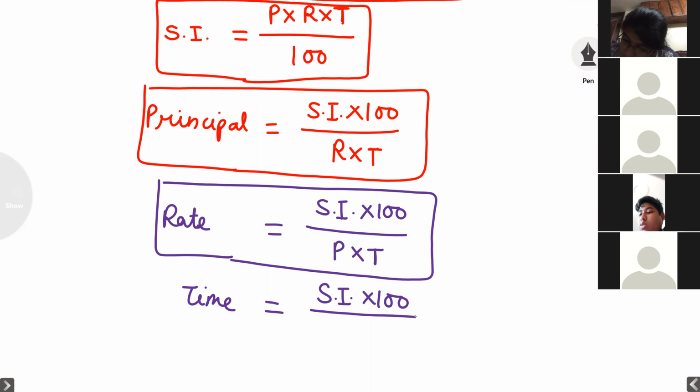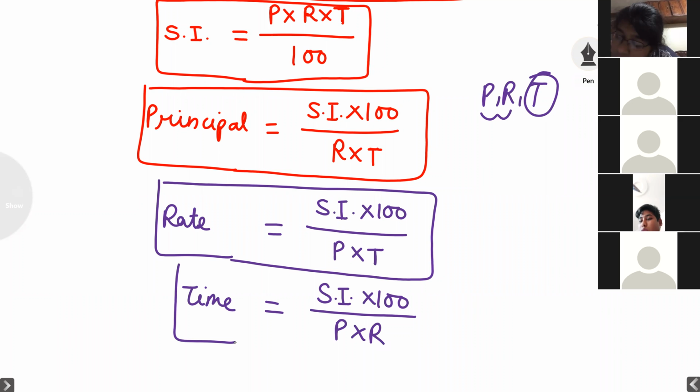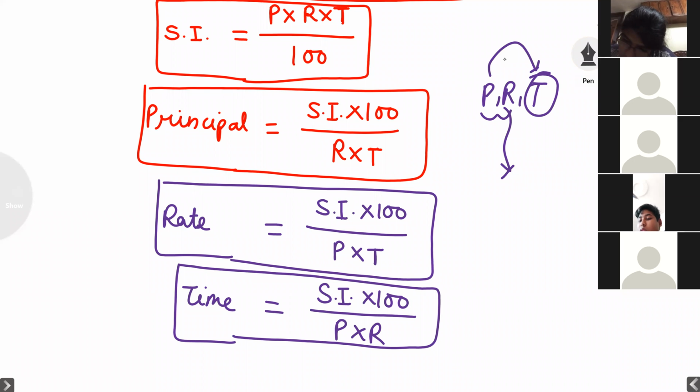There are three parameters, P, R, and T. If I am talking about T, I will not take it. The remaining two things I will take, P into R. If I am talking about rate, I will not take rate. The remaining two I will take. If I am talking about P, I will remove it. The remaining R and T I will take.